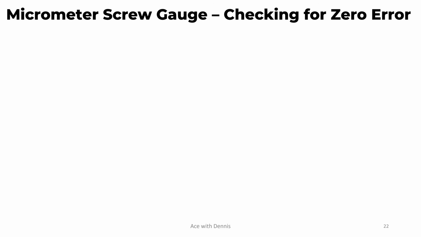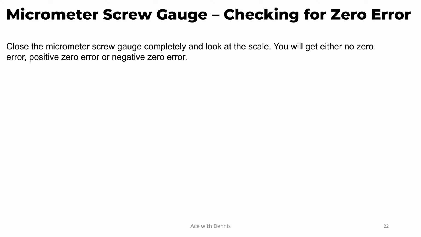Now, let's learn how to check for zero error for the micrometer screw gauge. Again, similar to the vernier calipers, we need to close the micrometer screw gauge completely and look at the scale. You get either no zero error, positive zero error, or negative zero error. So this is how it looks when there is no zero error.